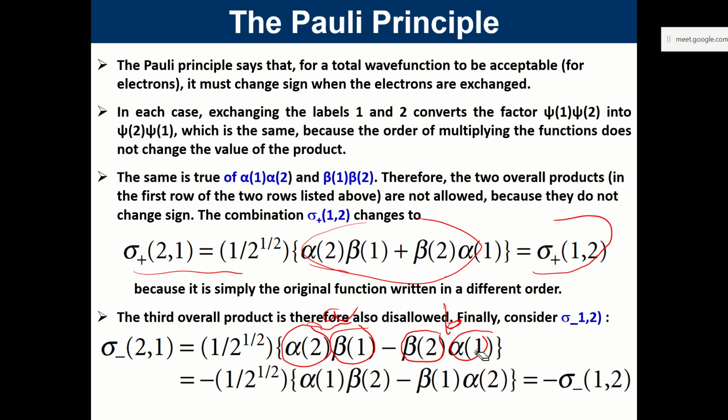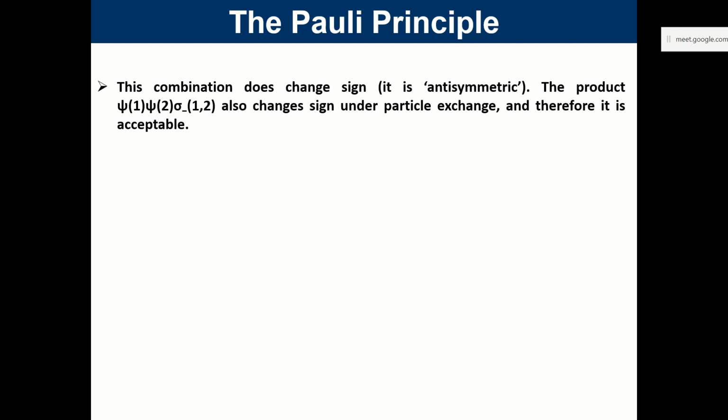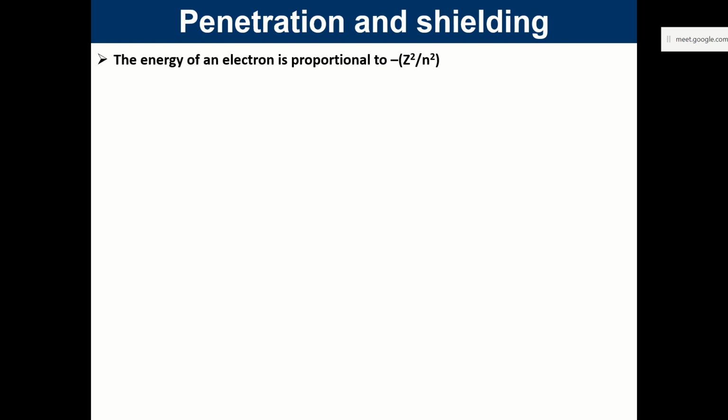Out of the 4 equations that we considered, only one is satisfying the Pauli principle, and that one is the final that we consider. So we say that this wave function is antisymmetric. It changes sign when the labels are changed. Okay, so up to this is fine.